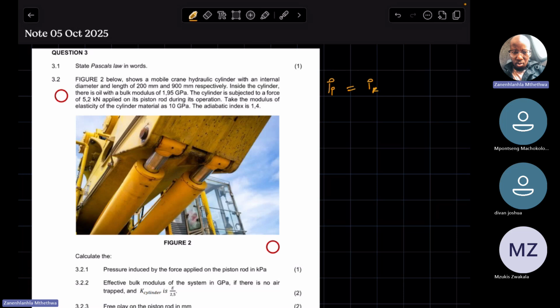We know pressure is equal to force over area, so this will be force on the plunger divided by the area of the plunger is equal to force on the ram divided by area of the ram. If you happen to forget how to express Pascal's law in words, just remember this: the pressure in a system in a closed container will be equal in all directions. Simply put, that is what Pascal's law is, and this here can be a guideline.